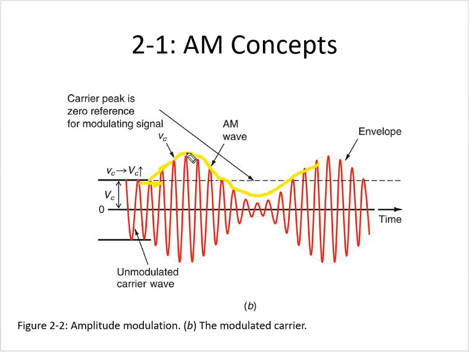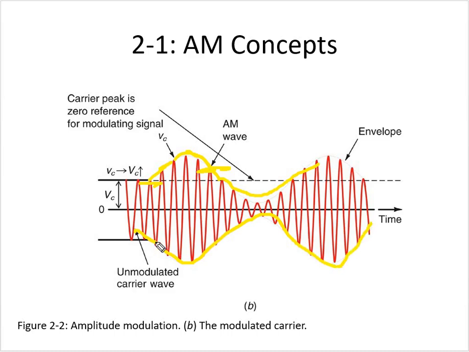If the amplitude of the message signal is going to decrease, then you can see the red line, the amplitude of the carrier signal is decreasing. Similarly, you can see the replica of the message signal on the other side. You can see this one. So this is also the replica of the message signal.